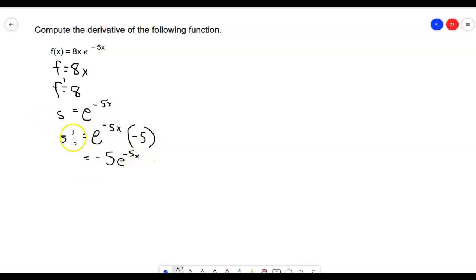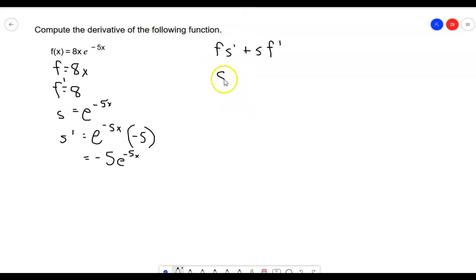And now when I apply the product rule for derivatives, it says the first times the derivative of the second plus the second times the derivative of the first. That's the symbol that I like to use. You can use whatever you want.